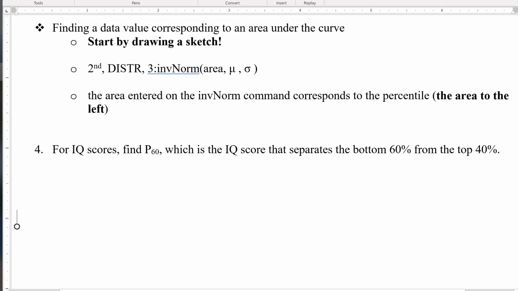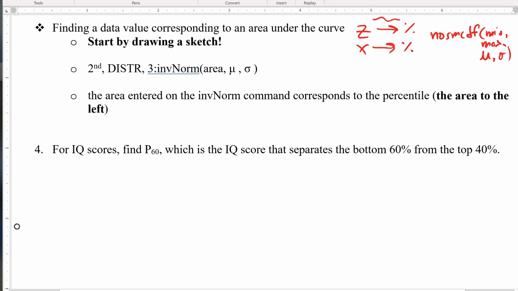So when they say P of 60 here, we'll just make sure we're clear. When I'm going from a z-score to a percentage, or an x-score to a percentage, what we did on the top is we used the command norm CDF with a min, max, mean, and standard deviation, right?